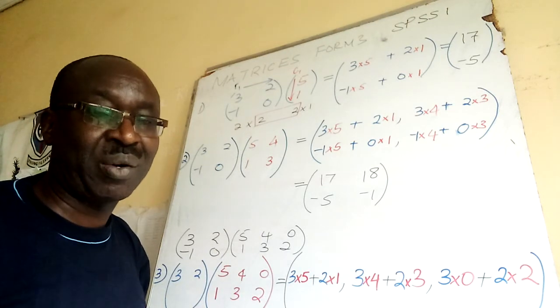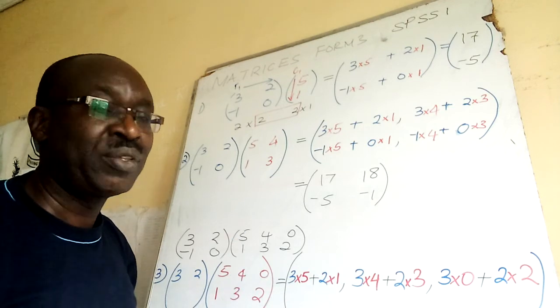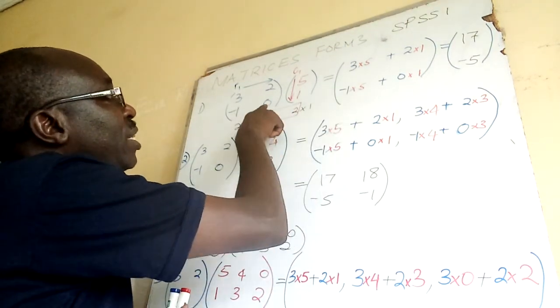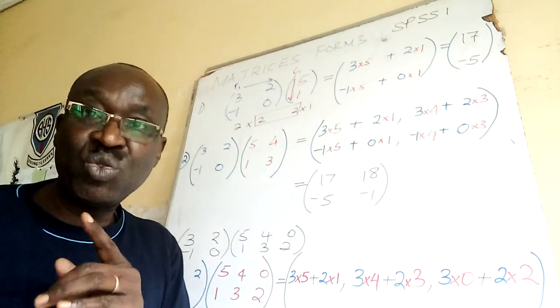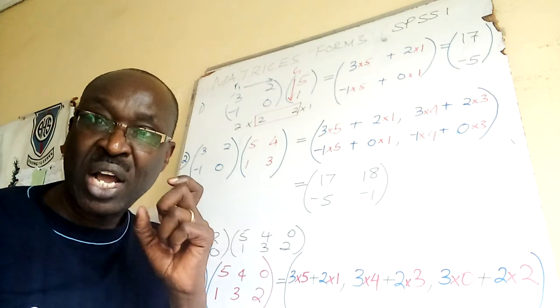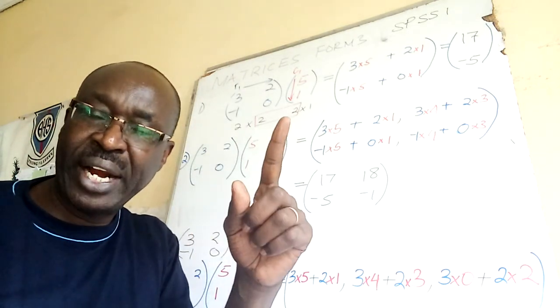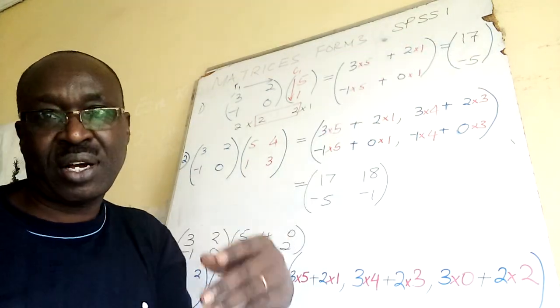It is only one column, so you match up tail, tail, and then head times head. So -1 will multiply 5, and then 0 will multiply 1. I'm using different colors to help you get the idea of tail times tail, head times head, and then you get the final answer.